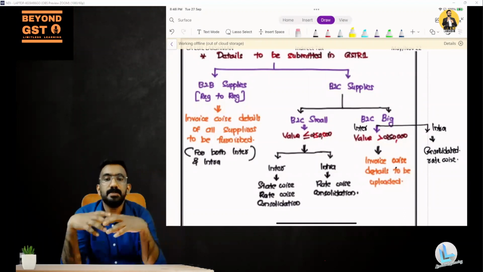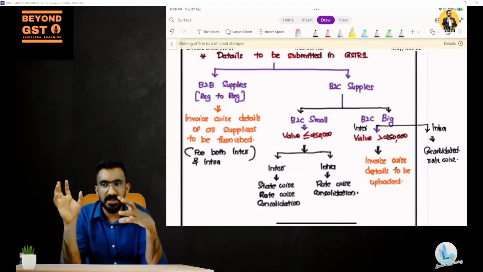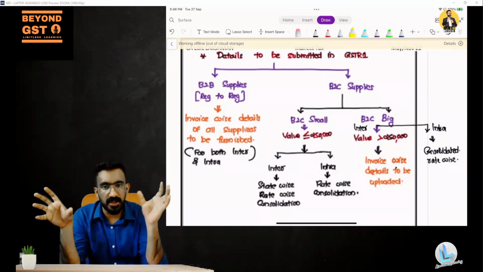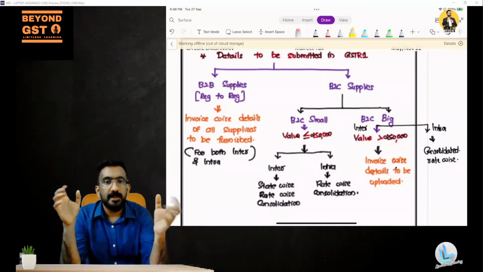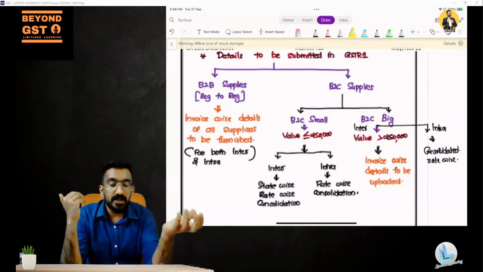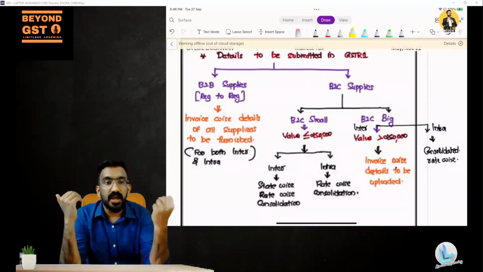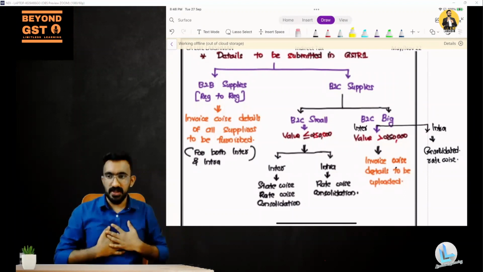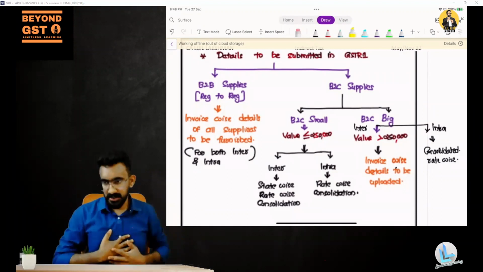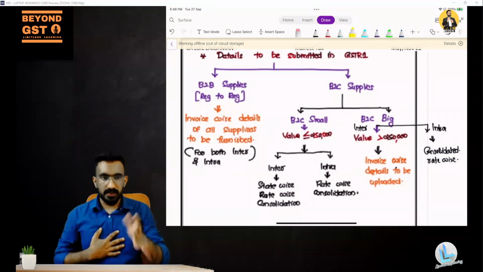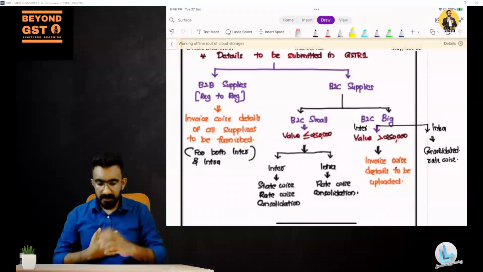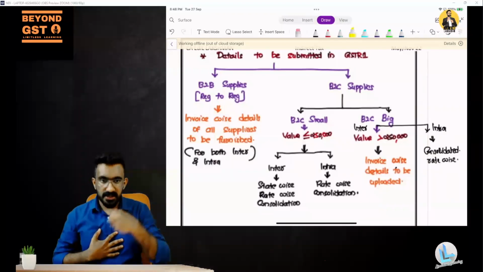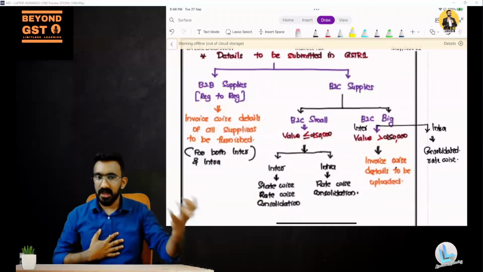So when the supply is a B2B supply, the recipient is going to take ITC on the tax paid on purchases. Say, I'm registered under GST. You are also registered under GST. I sold you some product, which means it's a purchase for you. When I'm selling the product, I will collect GST from you and I'm going to pay it to the government. You're going to take ITC of that.